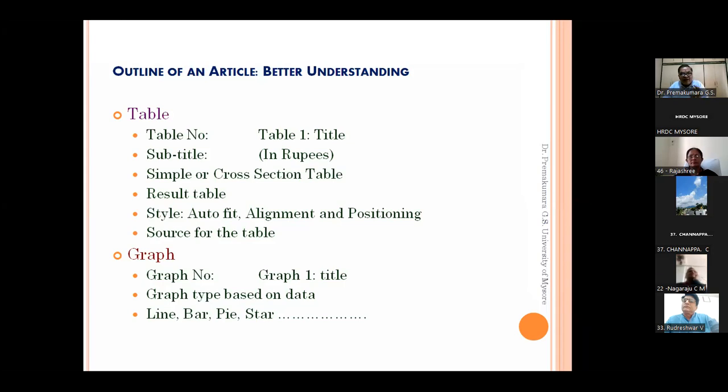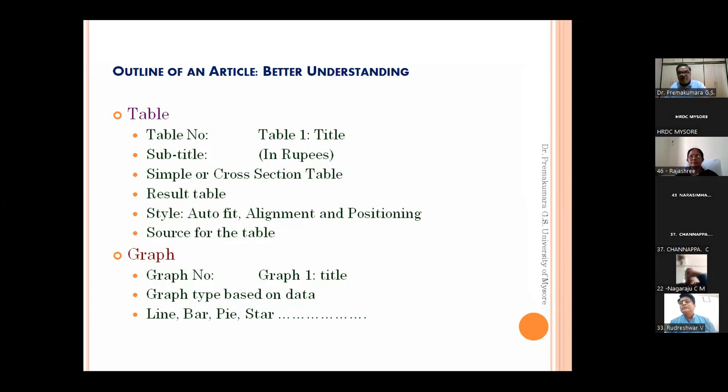Just by reading your table, a scientific journal can reject your article. The subject matter may be very good, the issues may be very good, the analysis is very good, but the table you presented in your article may not follow the rules.